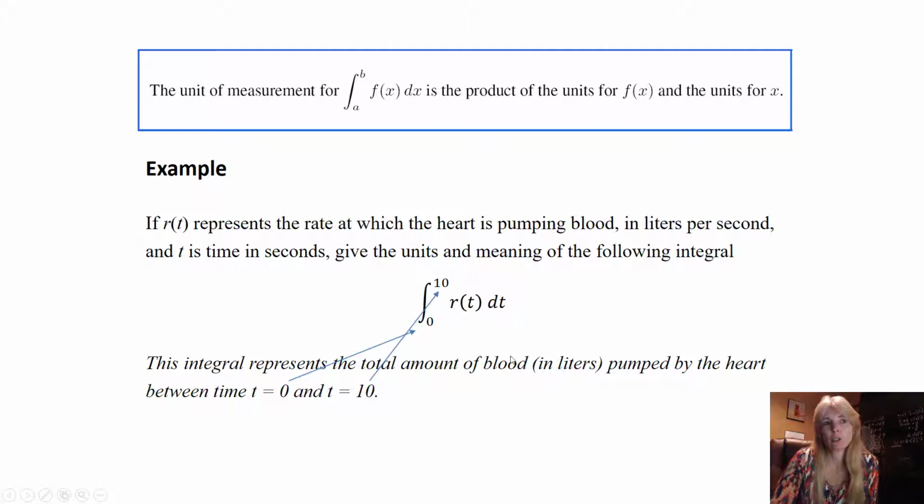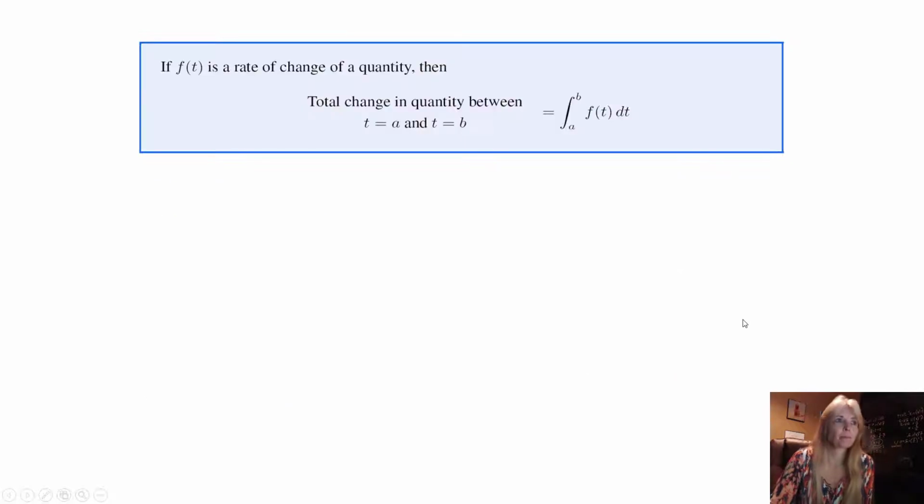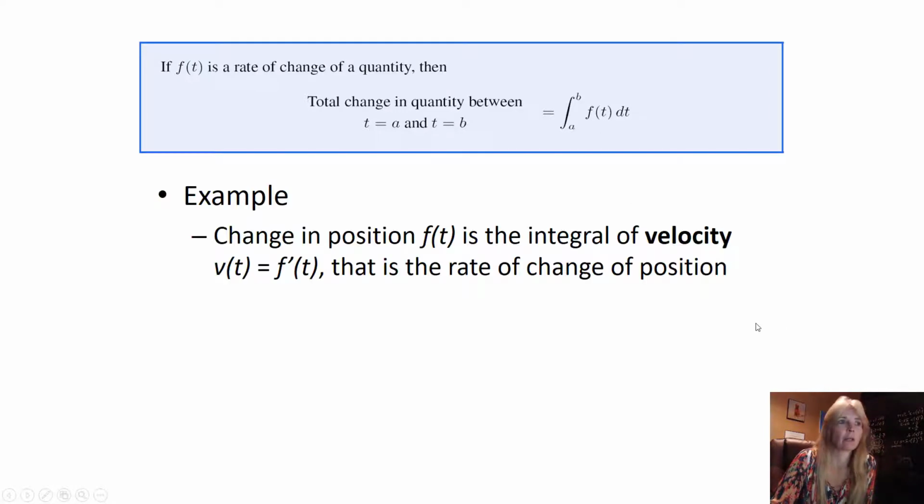So I always tell students, remember that this is a rate, and then when you finish, this gives you an amount. So if f of t is a rate of change of a quantity, then the integral gives the total change in quantity, or the amount. So if I know the rate that a drug is leaving the body and I work this integral out, then I will know how much the amount is in the body during a particular interval.